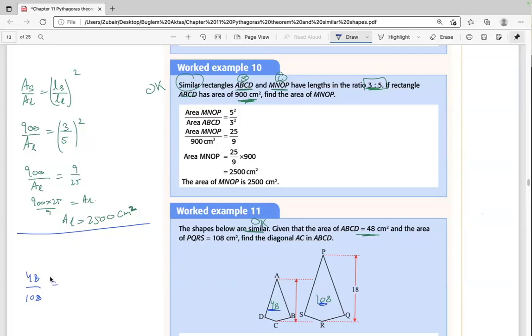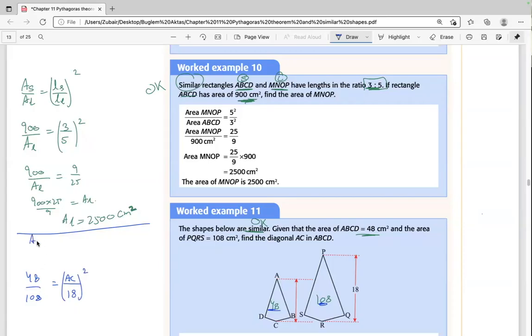See that again: 48 is on the left-hand side, so it would be AC over 18. This is not it. 48 and 108 are areas, and AC and 18 are lengths, so that needs to be squared.